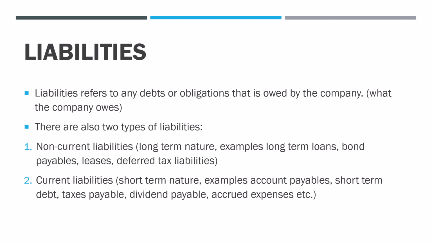Another example is short-term debt, and then taxes payable, dividends payable, basically dividends owed to shareholders, and any accrued expenses, basically expenses incurred but not yet paid. So liabilities represent all the money and obligations that the company owes to others, again split into long term and short term.